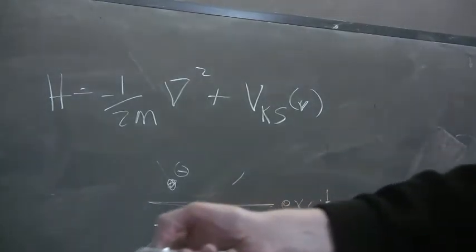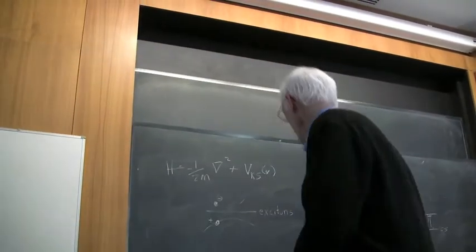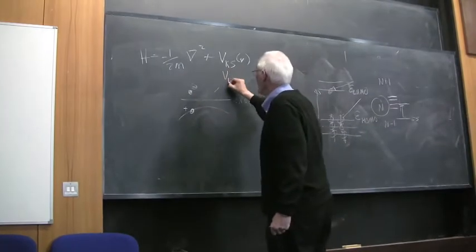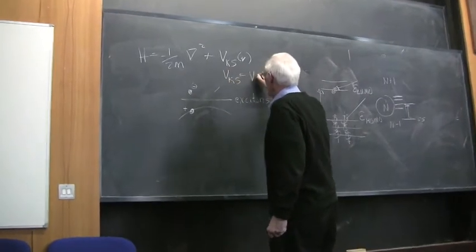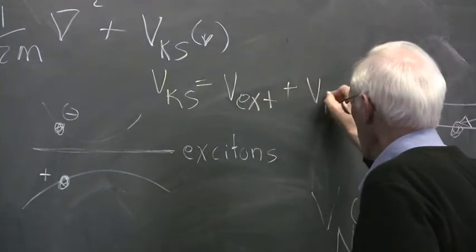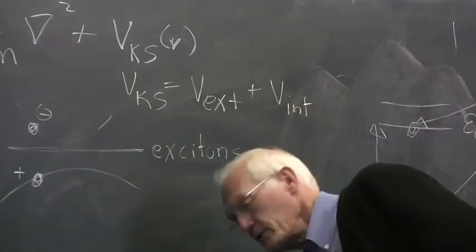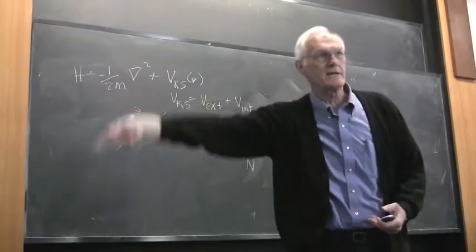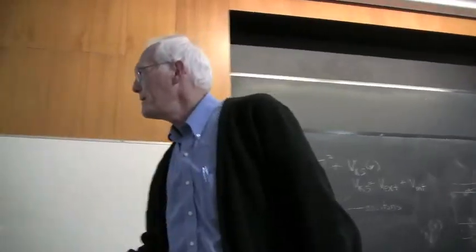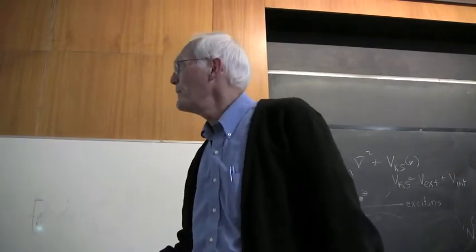But what we want is the response to an external potential that you've applied. And this potential is the external potential plus all the internal terms, which have to do with internal charges, exchange correlation, all that. And we want to get this one.